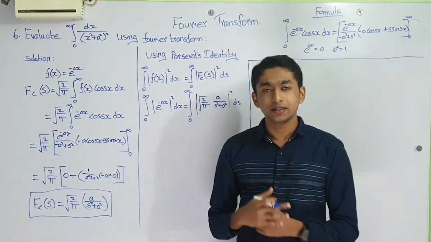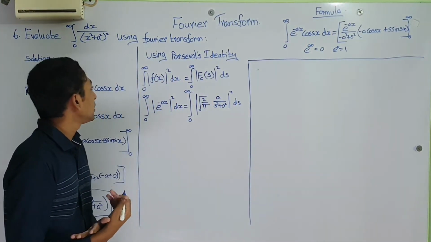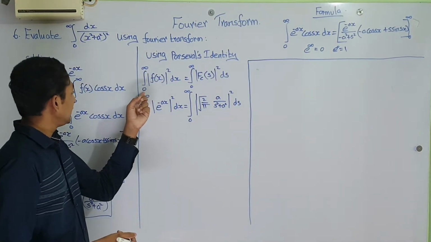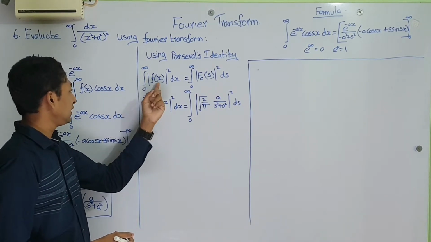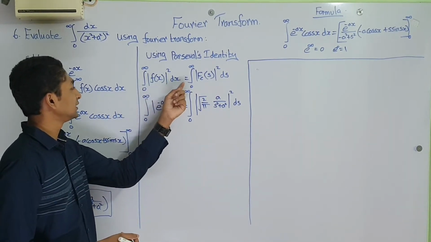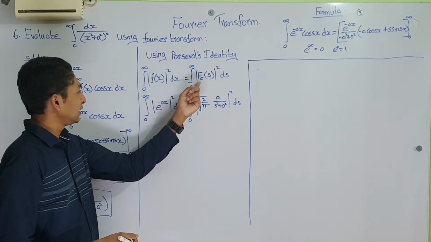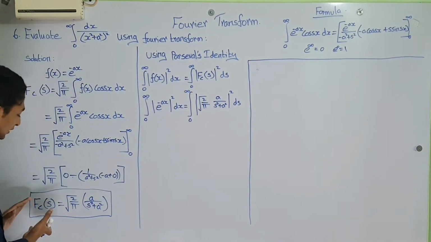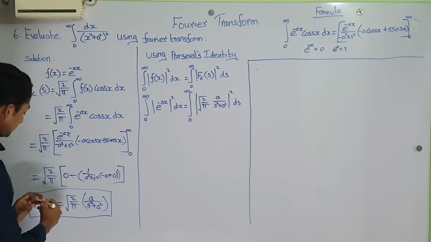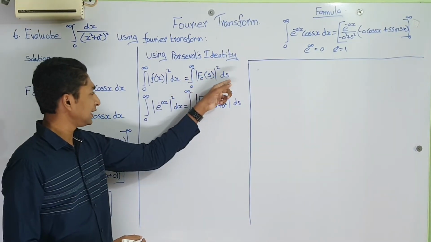So what is the formula for Parseval's identity? Integral 0 to infinity f of x the whole square dx is equal to integral 0 to infinity Fc of s the whole square ds. What we have found is Fc of s the whole square ds.